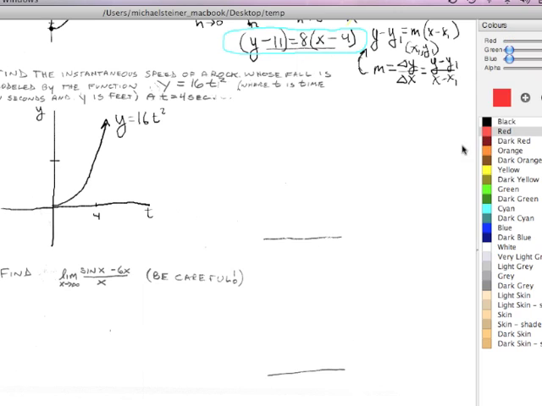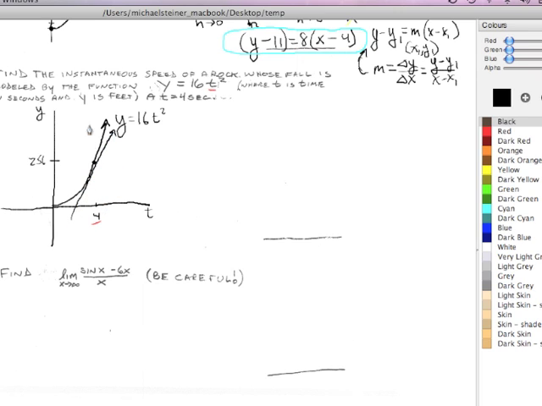So if t is 4, we put it into here. 4 squared is 16, times 16 is 256. So here's 256. And we want the slope of the tangent line right here. And that will give us the instantaneous speed.